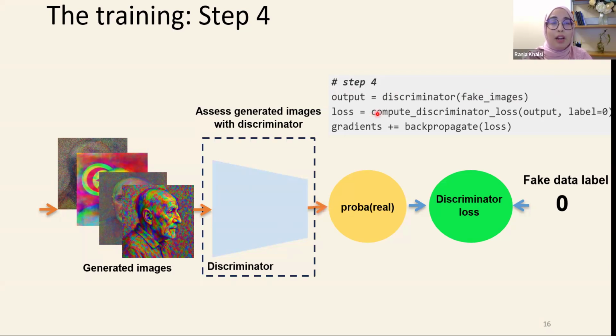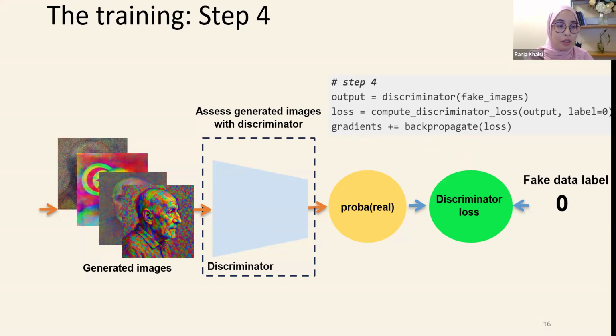So here we have the function compute discriminator loss, which takes the output and also takes the label equal to 0, and this gives you the loss. This loss is then given to the backpropagation, and each time we keep incrementing. So the gradient is equal to the previous gradient plus the backpropagate, given this loss.